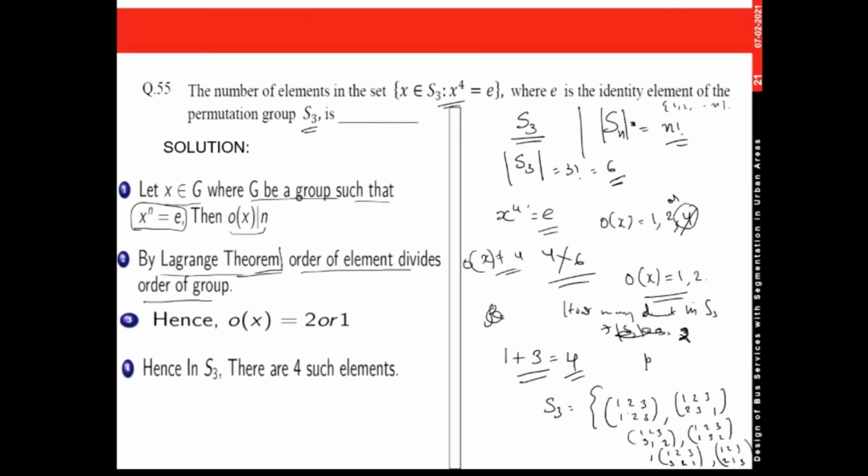If you calculate this, you will get that the order of these three elements must be equal to 2. So there are three elements in S3 with order 2. The total number of elements in this set is 1 plus 3, which is equal to 4. So this is a very easy question.